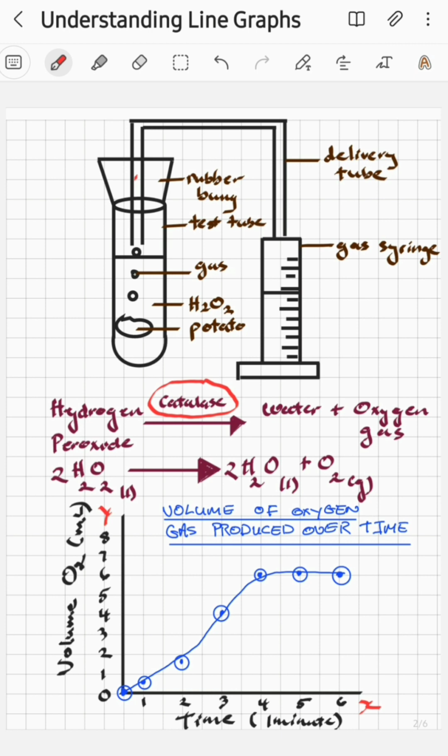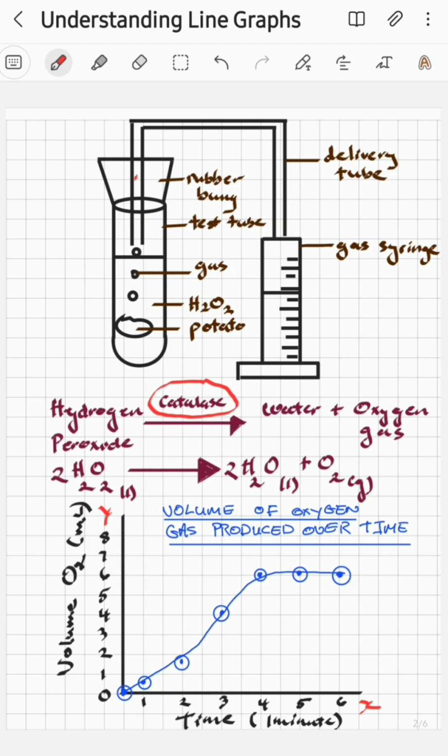Now, hydrogen peroxide can be considered a waste product of different chemical reactions occurring in the body. However, if it is allowed to accumulate in the body, in this situation, the potato, it can become toxic, right? So what the catalase does is to speed up the decomposition of this hydrogen peroxide, so it is broken down into harmless or safe products such as water and oxygen.